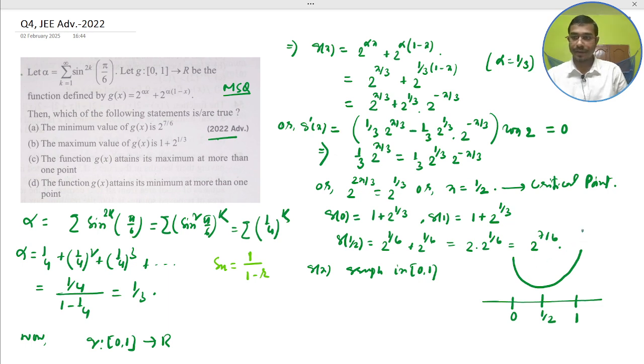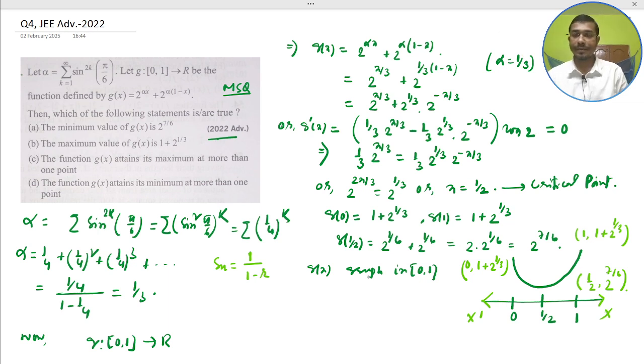So this point be the 1, this point be the 1, and the 1 plus 2 to the power 1/3. This is 1 point, and this be the 0 and 1 plus 2 to the power 1/3. And this point is half, 2 to the power 7 by 6 by this reference point. This is the x axis.